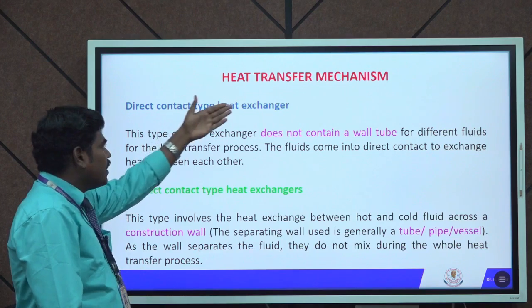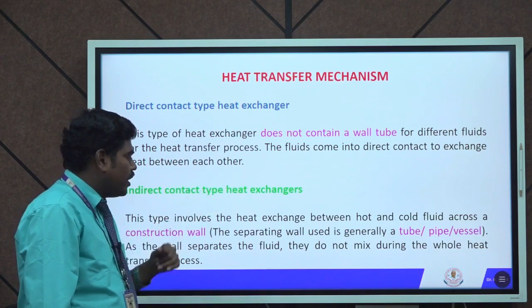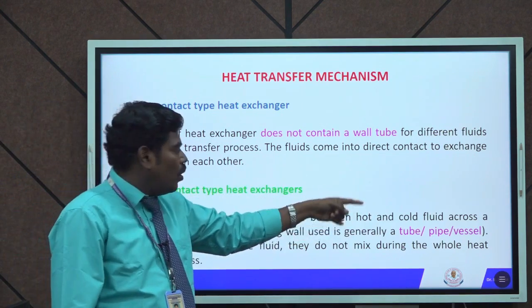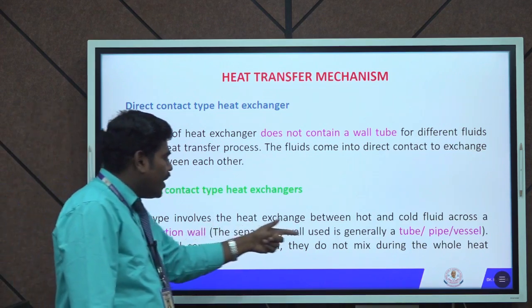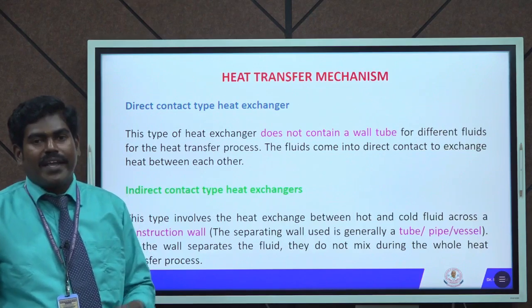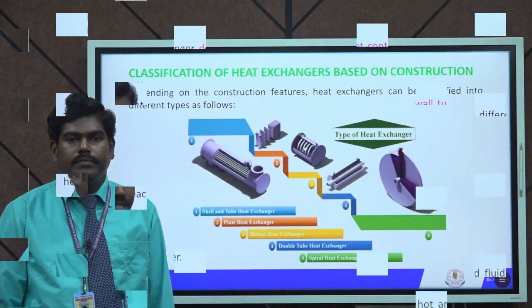The second type is the indirect contact type heat exchanger. This type involves heat exchange between hot and cold fluid across a separating wall, generally a tube, pipe or vessel. For example, shell and tube and plate type heat exchangers.